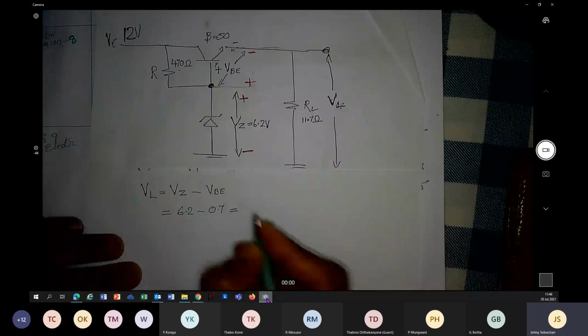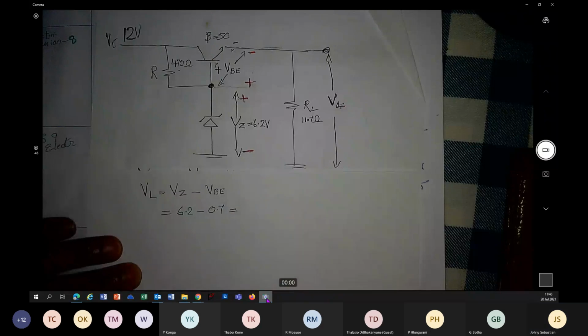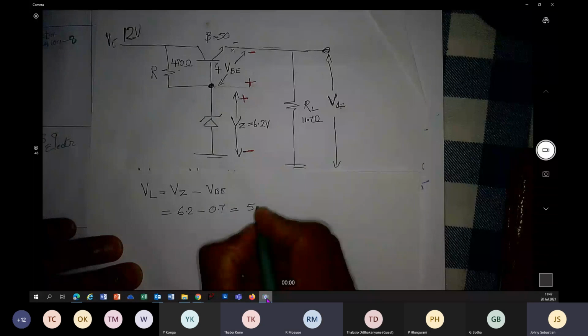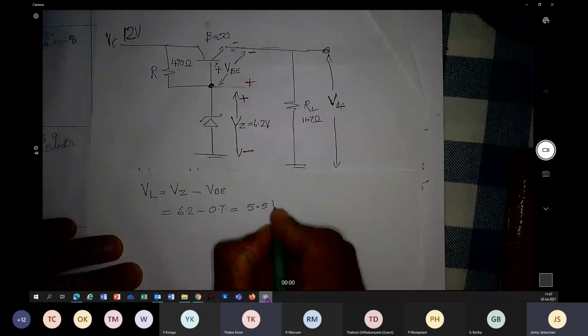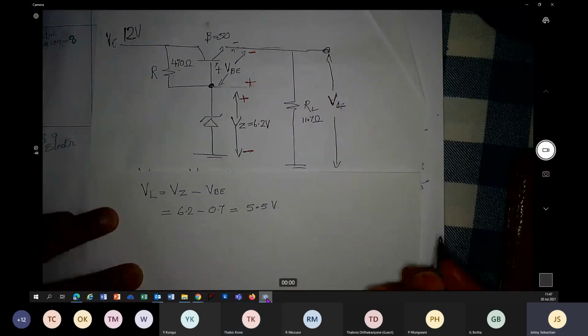What's the answer? Five point five. 5.5.